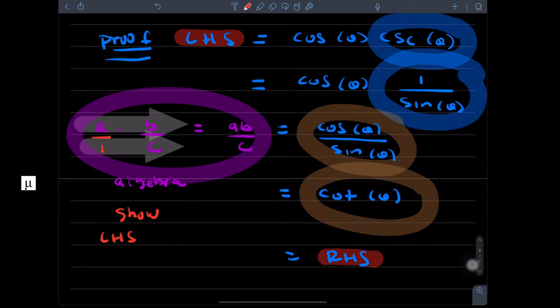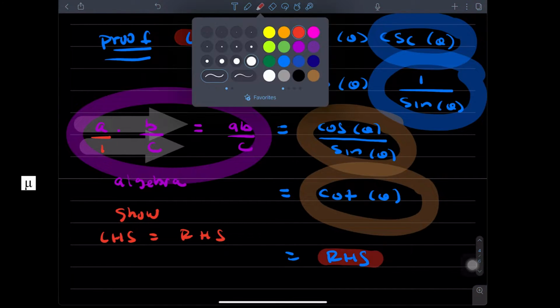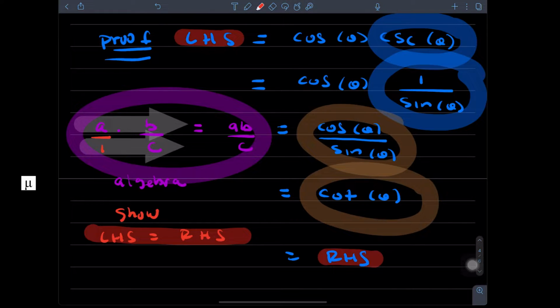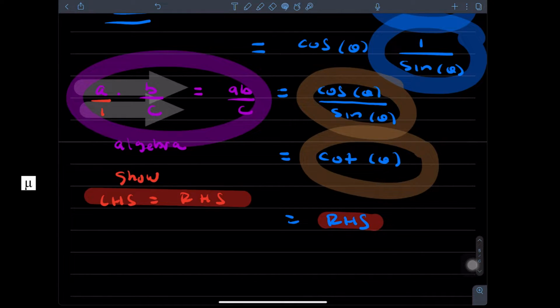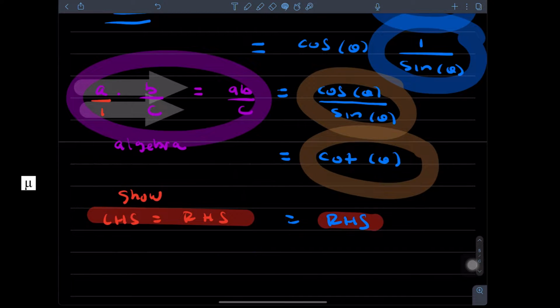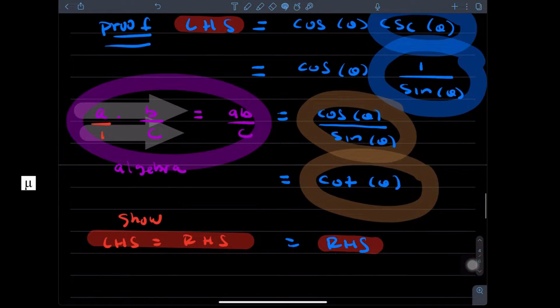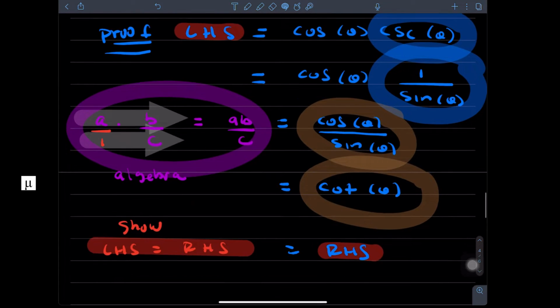The left-hand side equals the what? Right-hand side. Left-hand side equals the right-hand side. That's what you're trying to show.